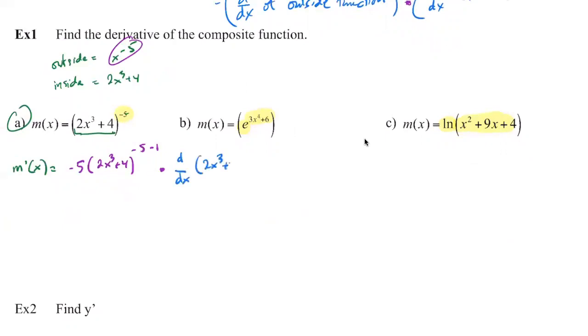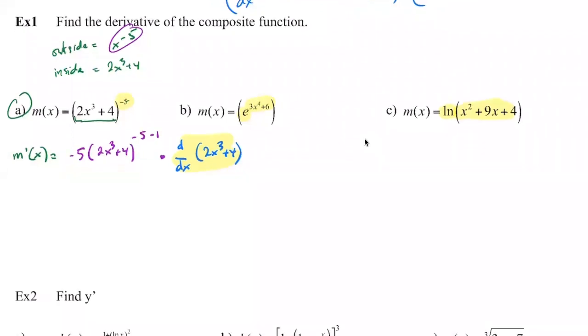This reminds me that when I use the chain rule, I do the derivative of the outside first and then multiply by the derivative of the inside. So d/dx of 2x to the third plus 4 is just a step that we remind ourselves. Once we get good at this, we don't have to write this step more than once. So now this is going to be negative 5 times 2x to the third plus 4, to the negative 6.